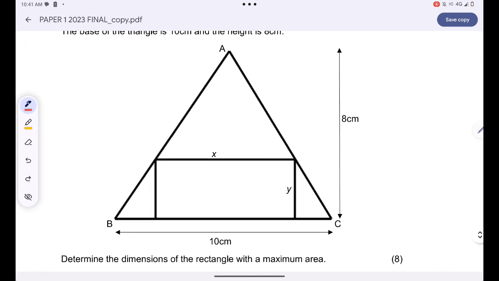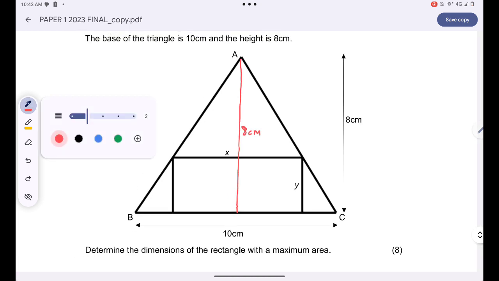Since I know the height of my triangle, I can simply draw my perpendicular height over here, and I know that the height will be 8 centimeters. Are you together? Since I was told that I have an isosceles triangle, these two angles over there are equal.